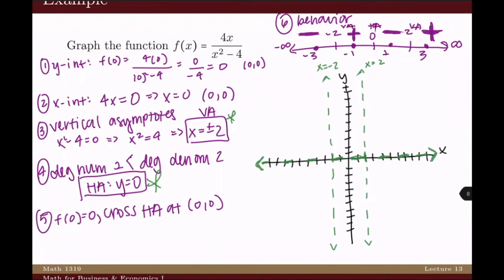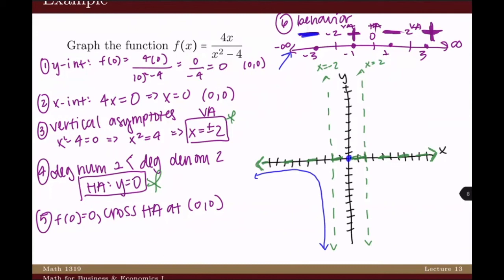So when we were on the interval from -infinity to -2, our behavior was negative, right up here. Looking up here. So that means I'm going to be below the x-axis, like this. All right, I then know that I crossed my horizontal axis at 0, 0, so I know that's a point on the graph.